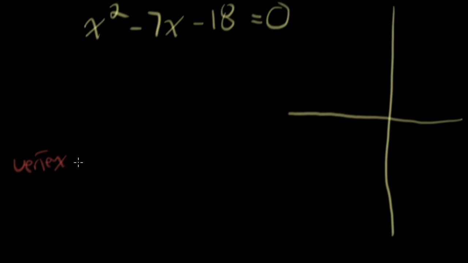The vertex, remember, is at negative b over 2a, so that's negative 7 over 2 times 1, so that's just 7 over 2. That's the x coordinate. I'm going to put 7 halves into this because that's going to be fun.